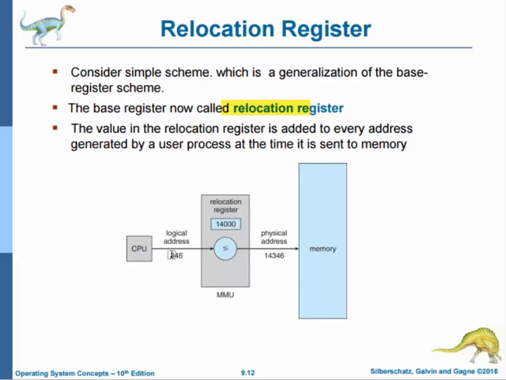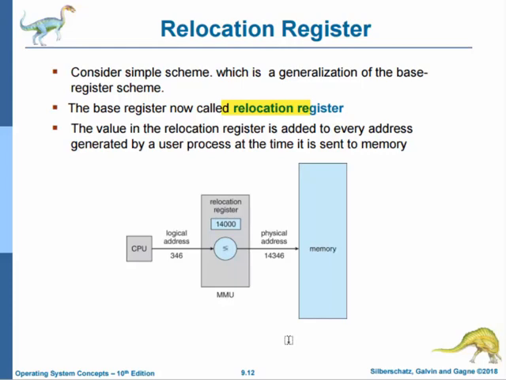An access to location 346 is mapped to location 14,346. So typically this logical address will be added to the relocation register, which will give us the physical address of 14,346. So the base is 14,000.